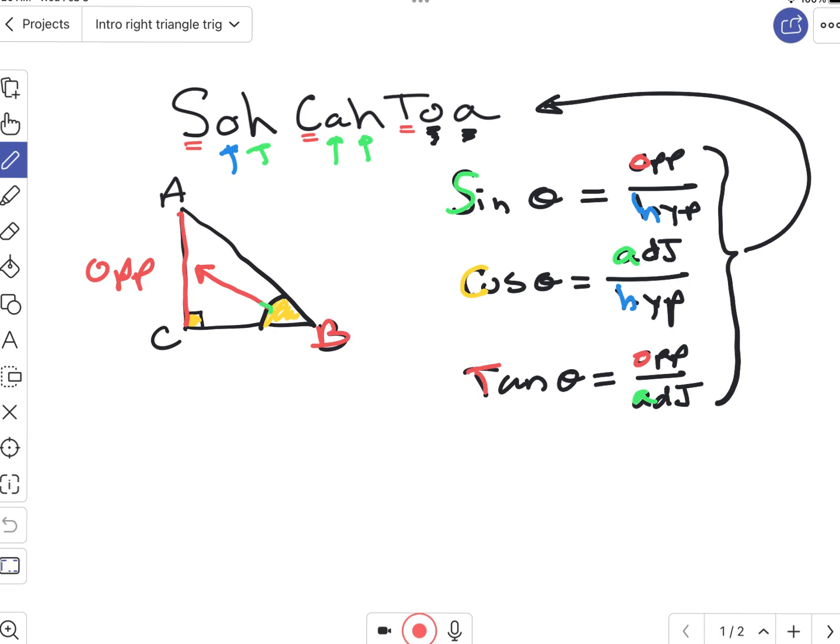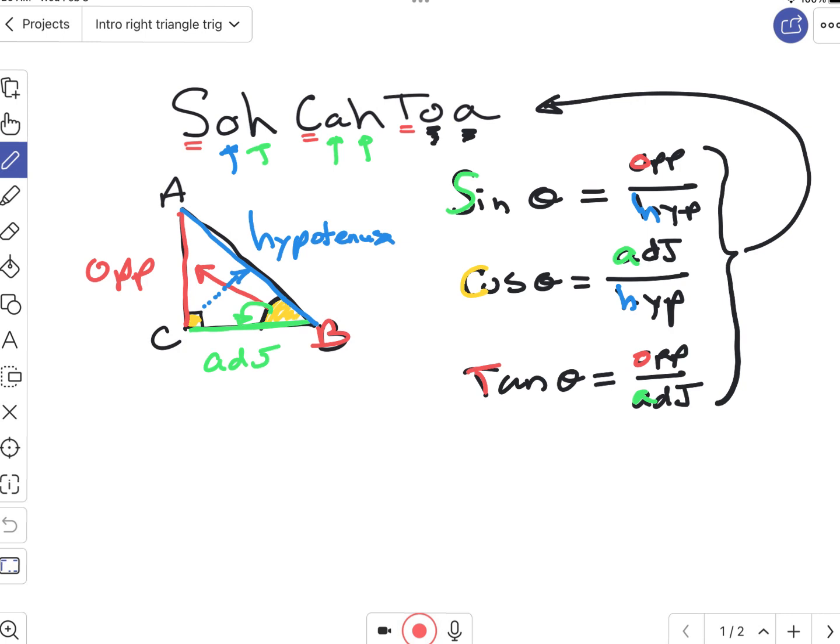The side that is next to angle B is considered the adjacent side. So BC is considered the adjacent side. And the side that is always away from the 90 degrees, or on the other side of the 90 degrees, which means AB in this triangle, is called the hypotenuse.